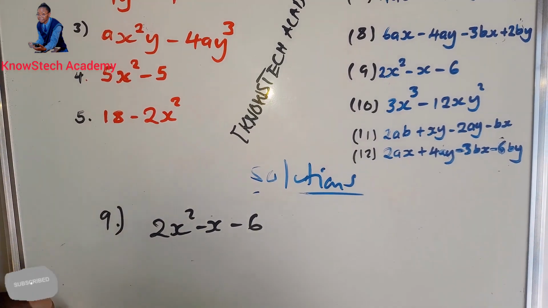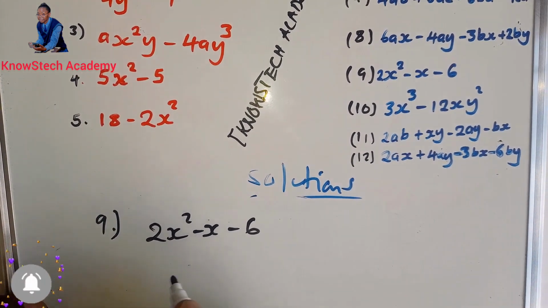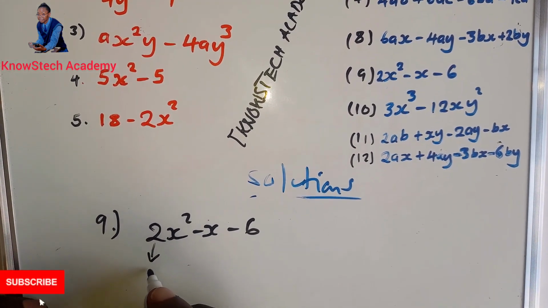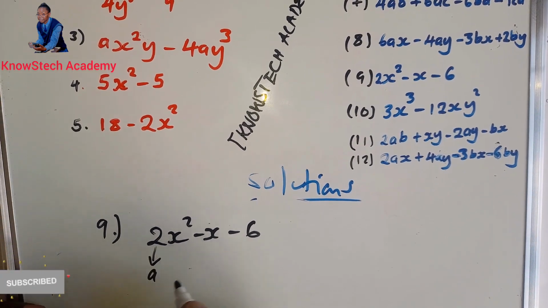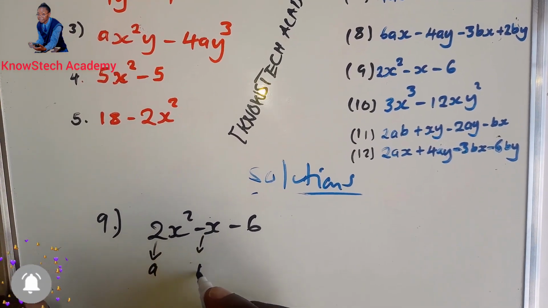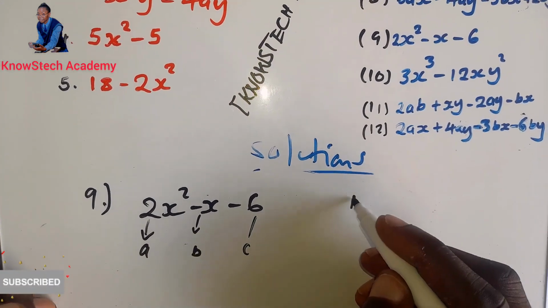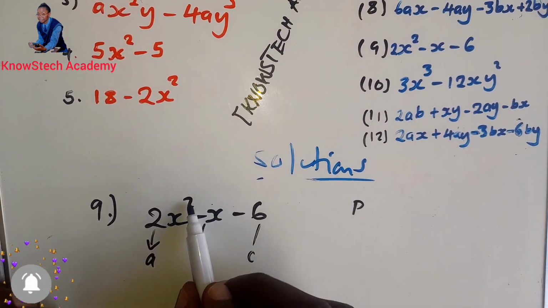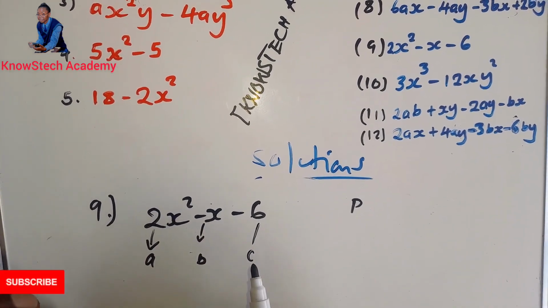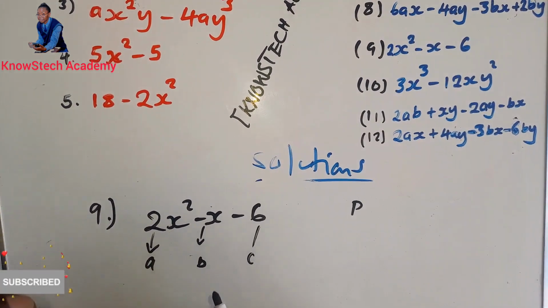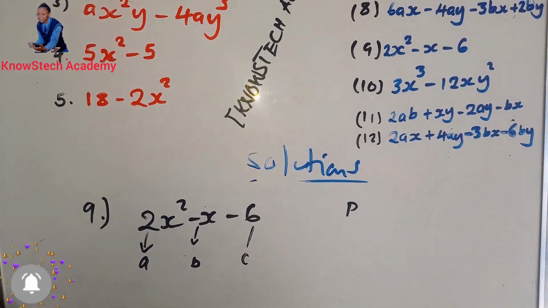So this is a quadratic expression. The coefficient of x squared is a. The coefficient here is b, which is negative 1, and this one is c. So we are going to split this b into 2 numbers so that we have 4 terms, and we factorize them by grouping.